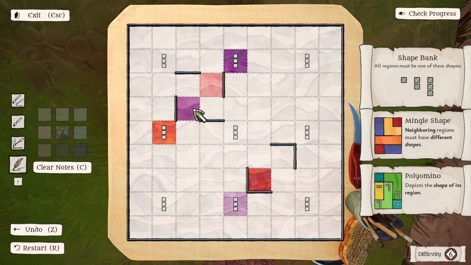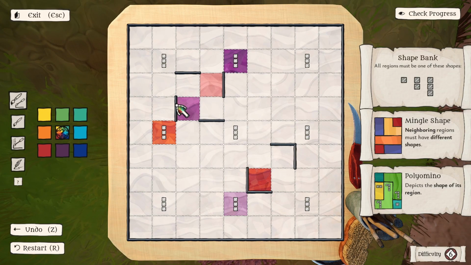So, if this isn't a 2, and it can't be a 3, and that can't be a 3, if this 2 went here, and that were a 1, what would that be? It would have to be a 3, which it can't be. That's a 1. If this is a 2, that would have to be a 3.